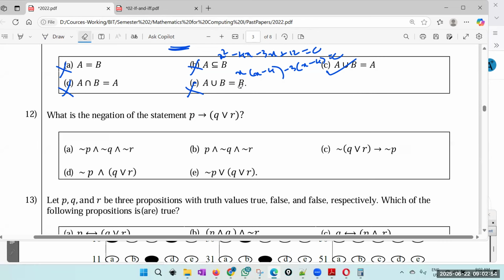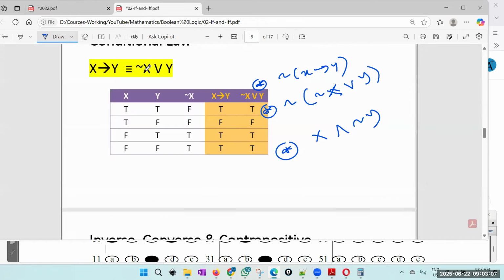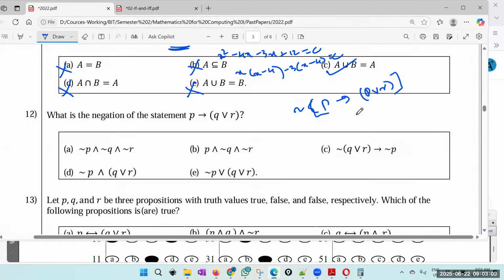So this means not (P implies Q or R). That means not (not X or Y), not (not P or Q or R).